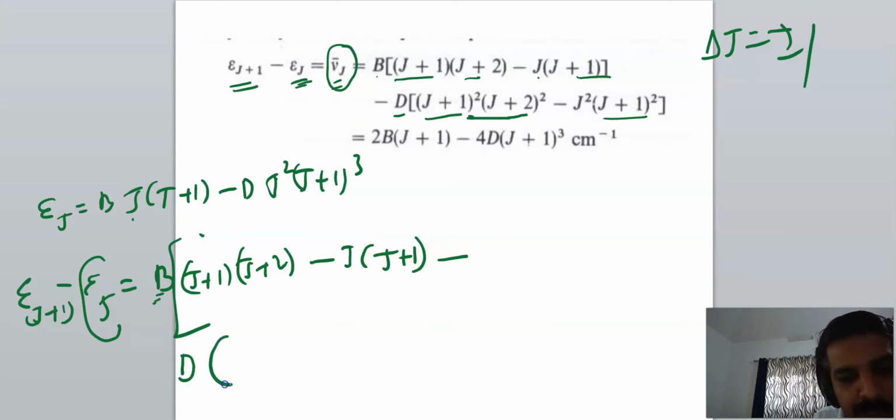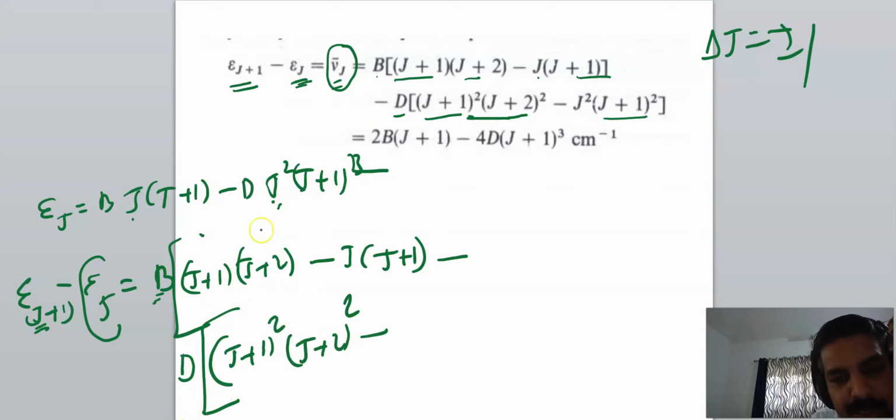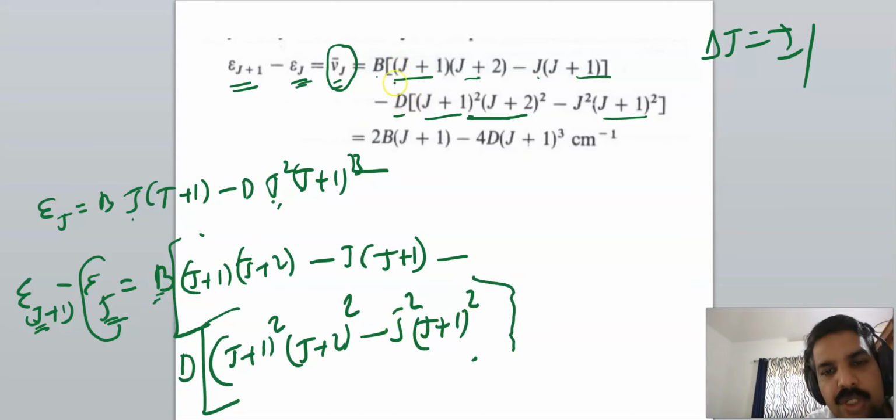D can be taken outside: for J we substitute J plus 1, so J plus 1 square into J plus 2 square, minus epsilon J, that is J square into J plus 1 the whole square. That is this equation.